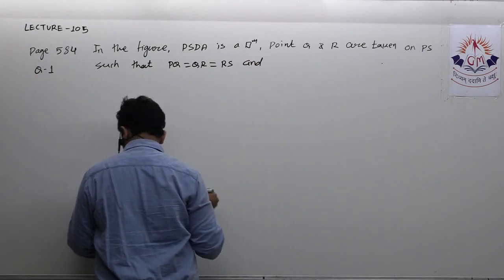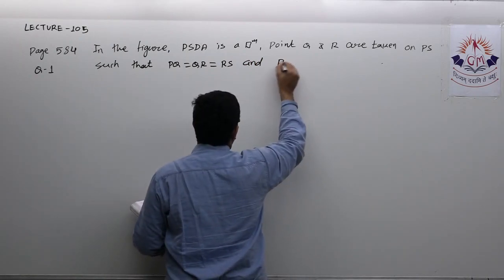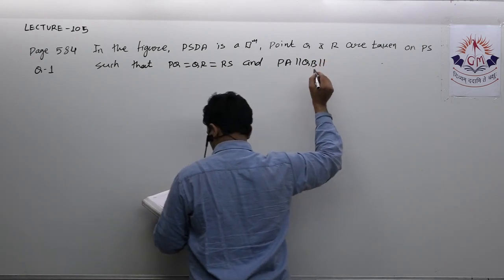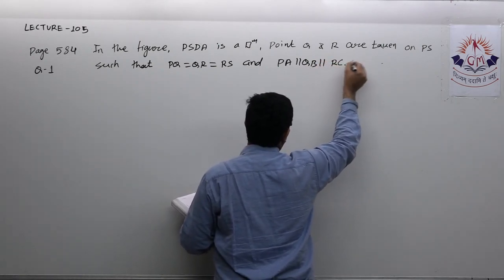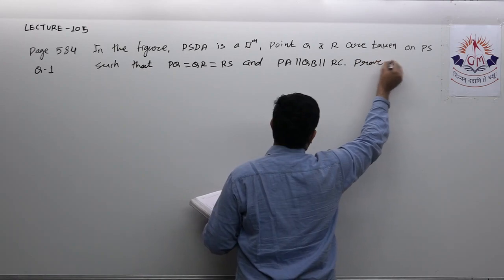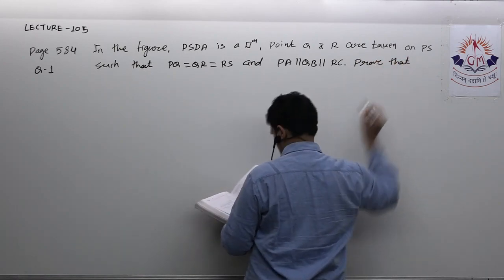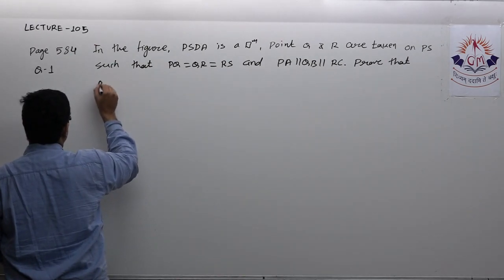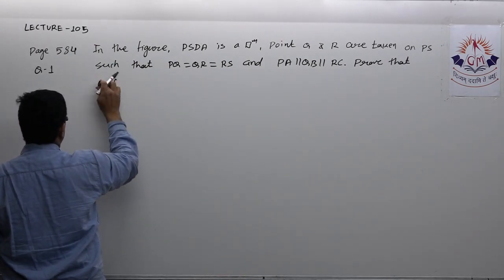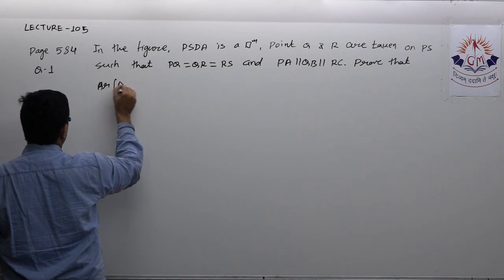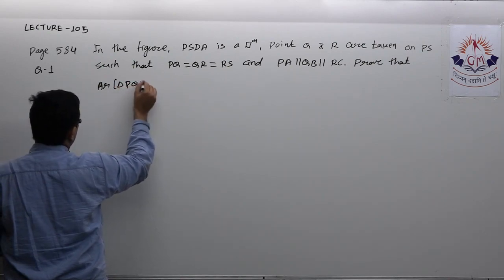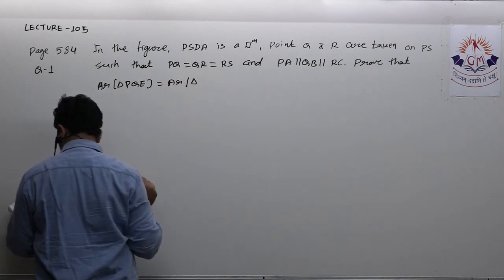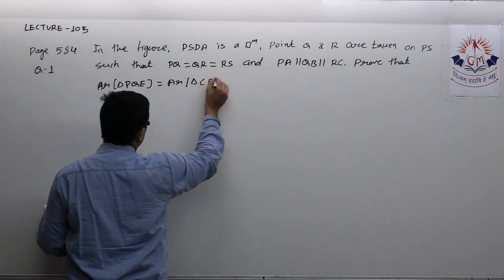Also, it is given that PA is parallel to QB parallel to RC. Prove that area of triangle PQE is equal to area of triangle CFD.